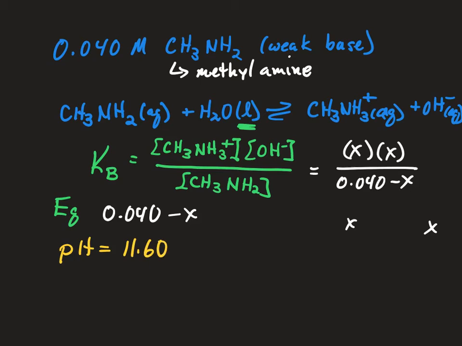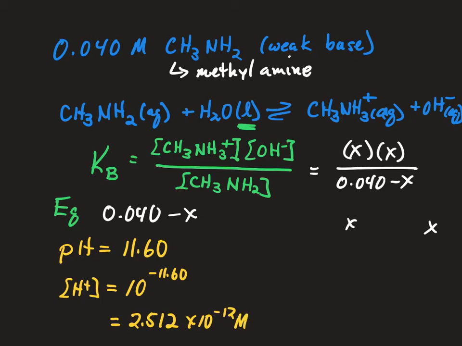From the pH, we can find that the concentration of hydrogen ions is equal to 10 to the minus 11.60, or the concentration of hydrogen ions is equal to 2.512 times 10 to the minus 12th molar.